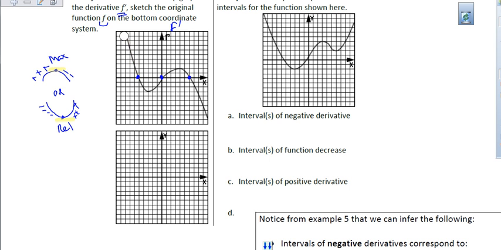Well, actually, let's think about that for a second. Here, the derivative has a positive slope, right? Positive slope. Down here, the derivative is a negative slope. Still negative here. The derivative has a positive slope until we get past here, and then it changes back to having a negative slope.